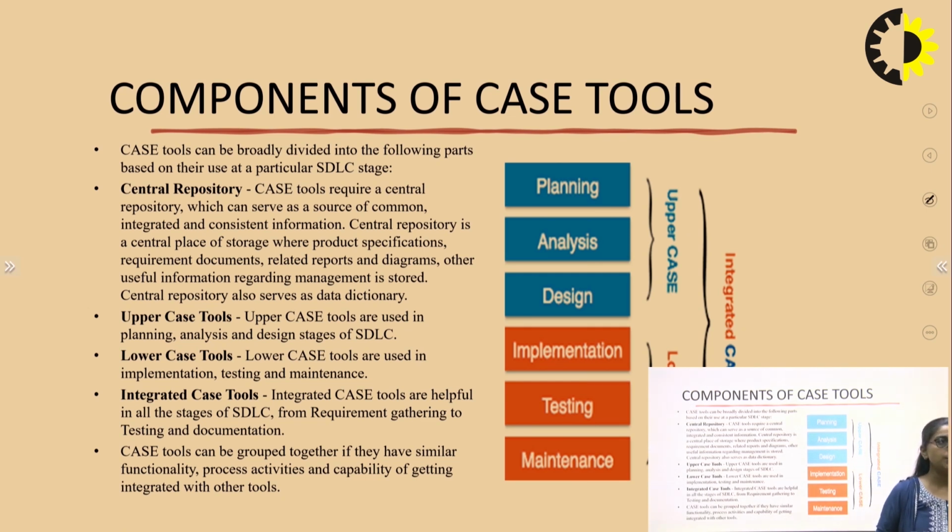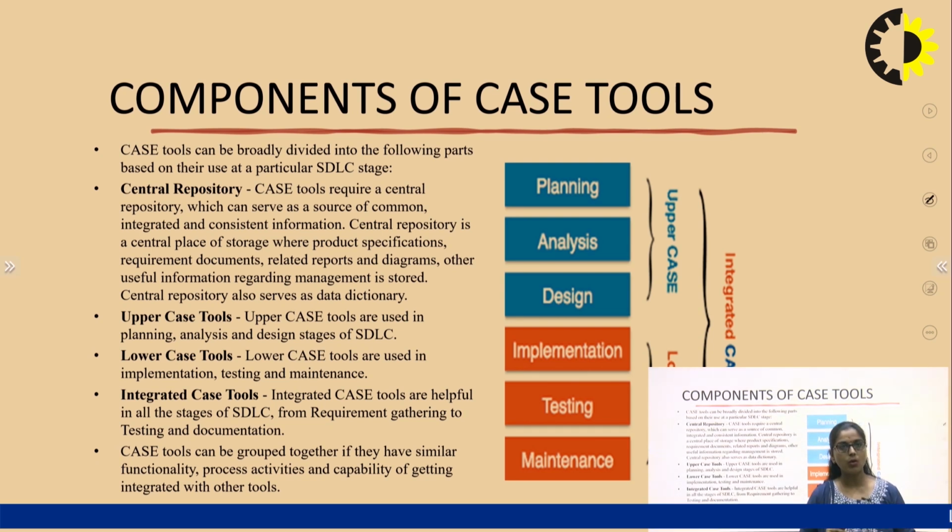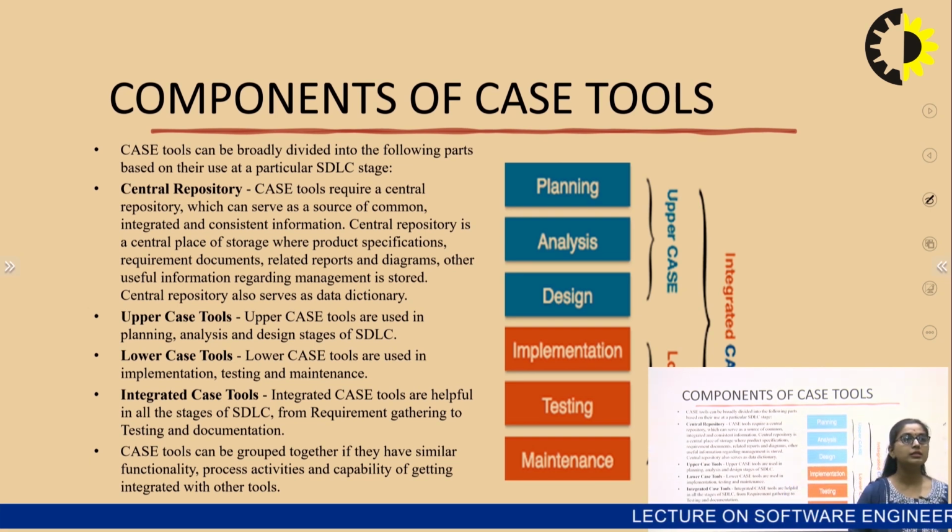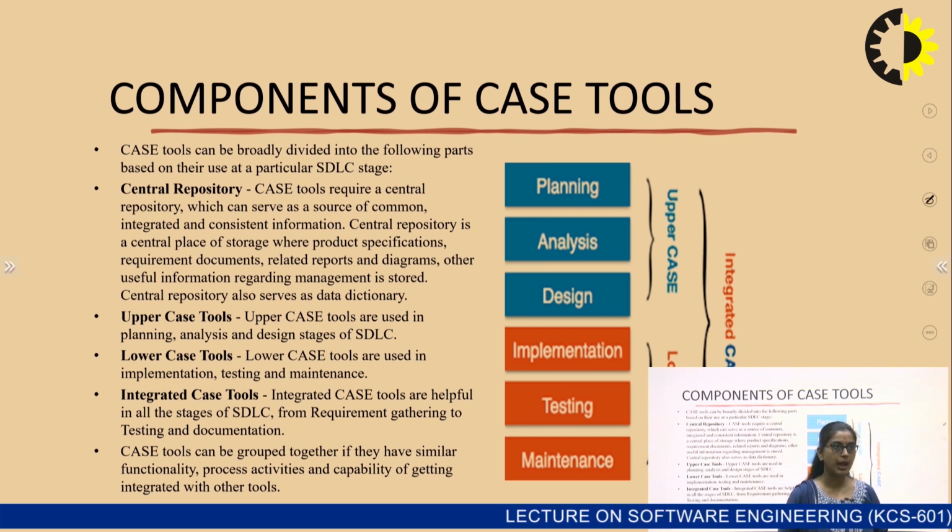The very first part is the central repository. In this part, there are so many CASE tools already built in, and this repository is collecting, or we can say securing, all these CASE tools. The CASE tools require the central repository, which can serve as a source of common, integrated and consistent information.